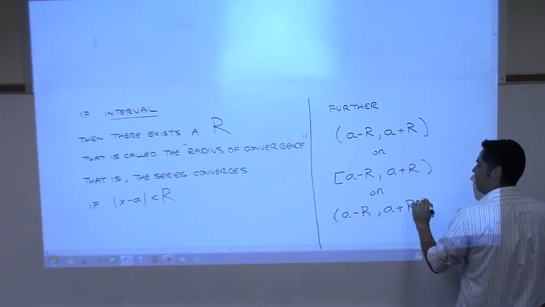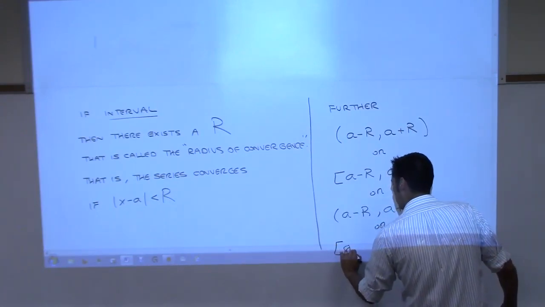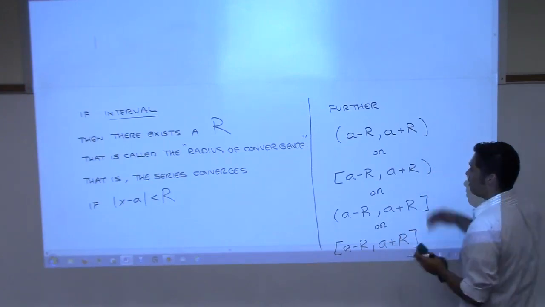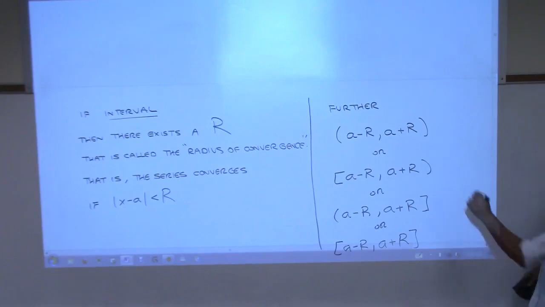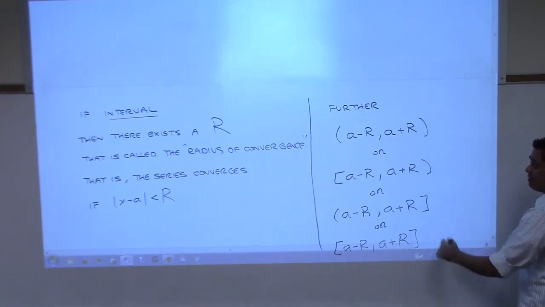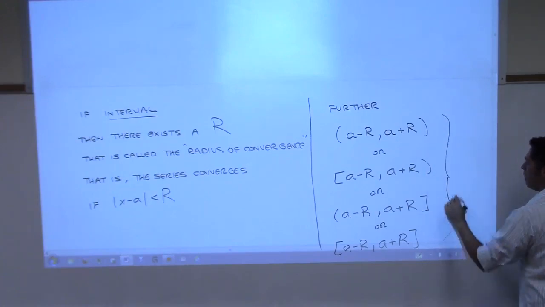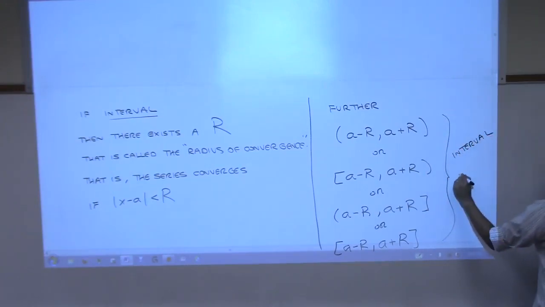You get the idea? So these are four different possibilities, right? Whichever one this is, is called the interval of convergence.